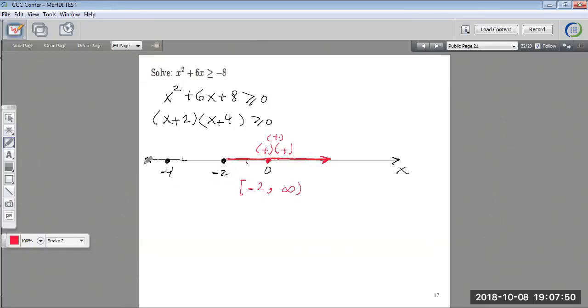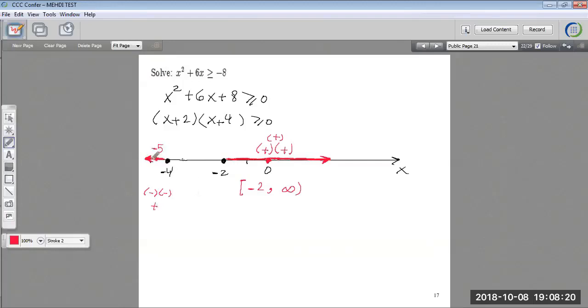Now, because the solution alternates, I could guess the other solution must be right there. But let's pick a point here, -5. If I pick -5 as my test point, -5 would cause the first parenthesis to become minus some number. -5 would cause the second parenthesis to become negative. The product would be positive. That's exactly what you want.